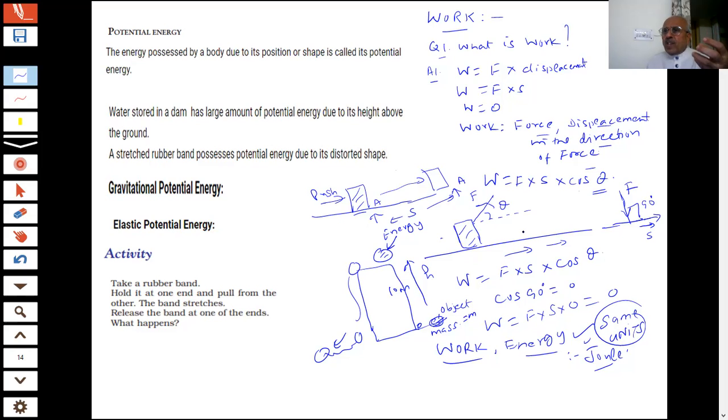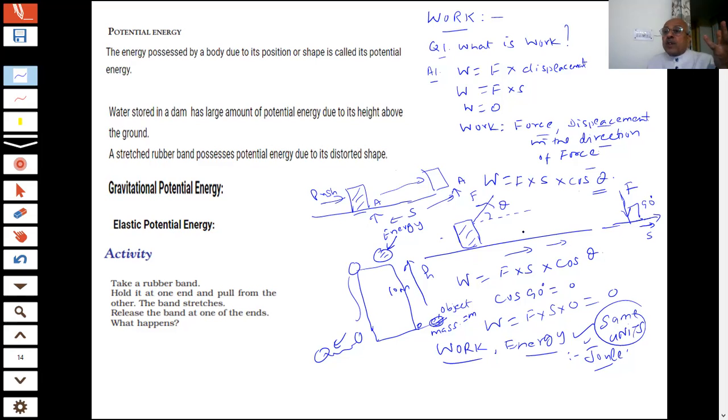Inside the nucleus also, there is nuclear energy, students. When we do nuclear fission reactions, an atom bomb is produced, an explosive reaction. You break the nucleus and energy is produced.